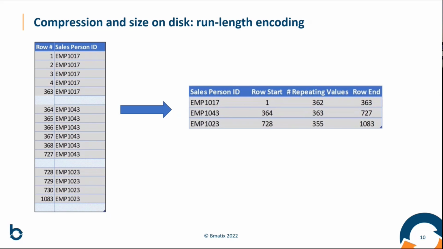So it's not always that the values are contiguous or that it's optimal to do this, but if it works, it can offer huge benefits in compression and thus size on disk. And the keen listener will also recognize these optimizations as the optimizations from the Power BI VertiPaq engine. These are all techniques that Power BI uses when storing data after loading it into memory.